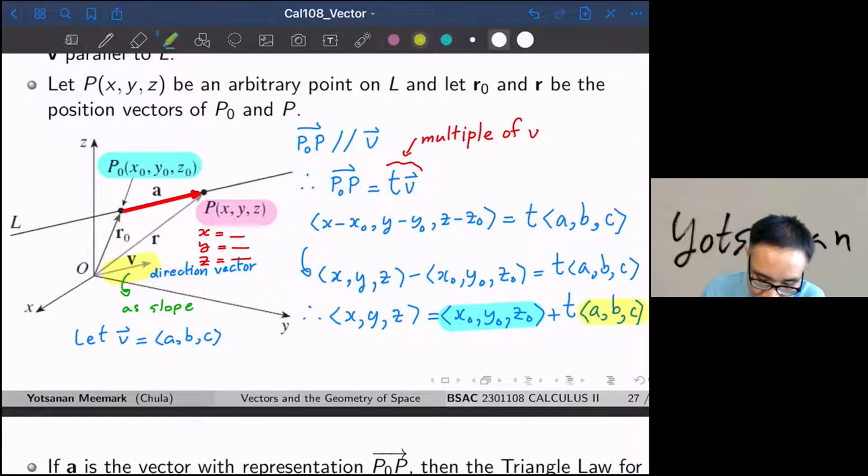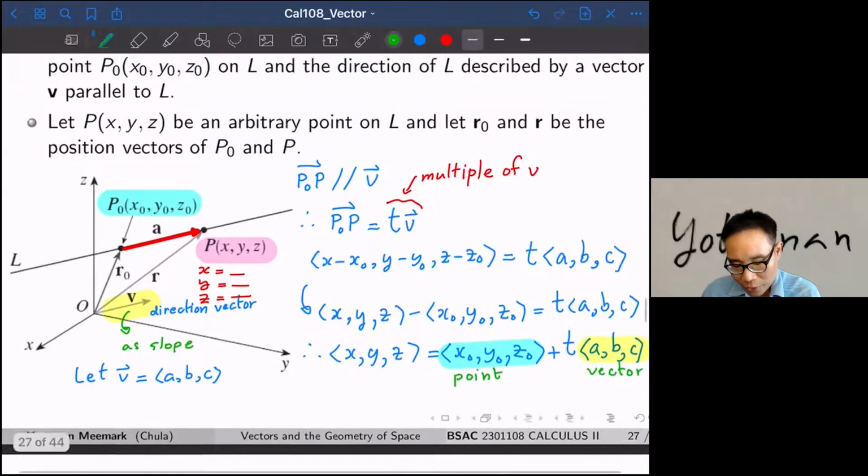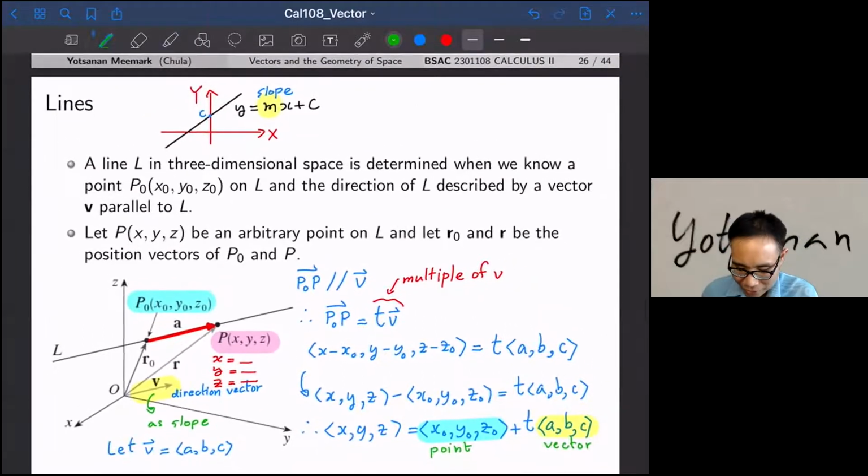You use your point and your vector, so it is similar to the point-slope form. This is your slope, and the parameter is t instead of x.